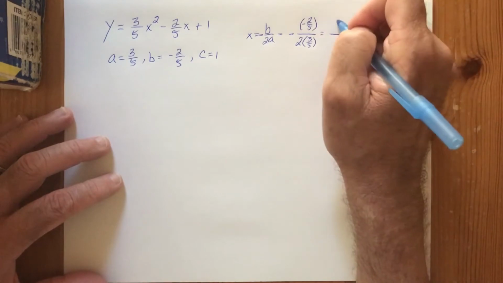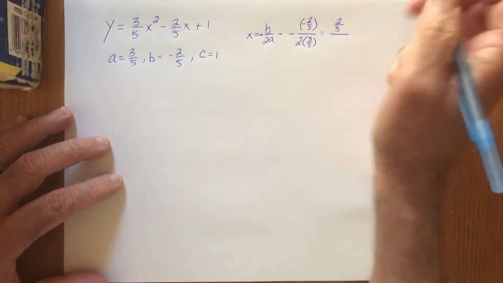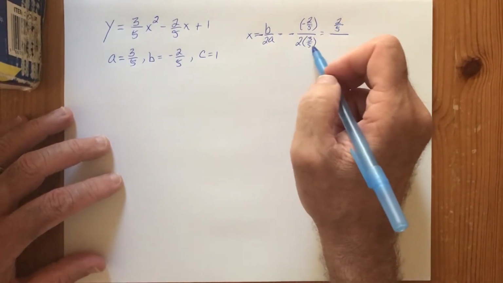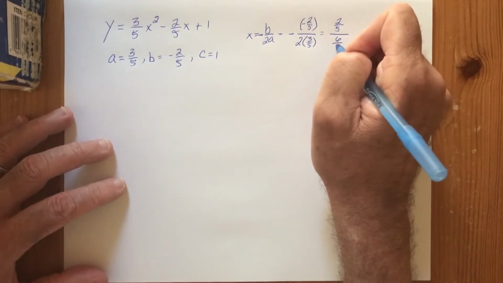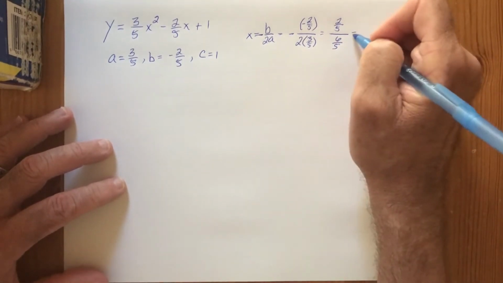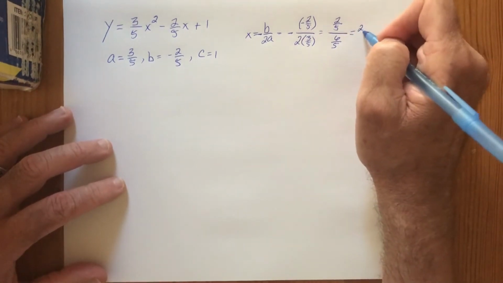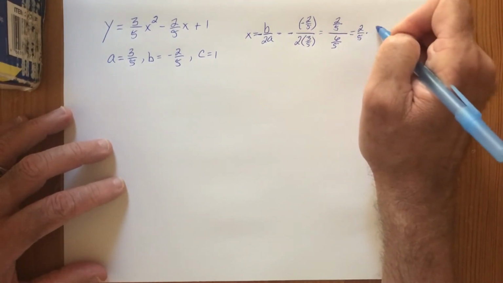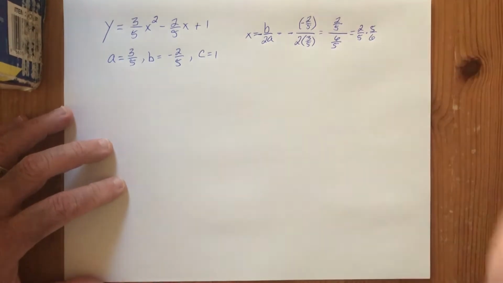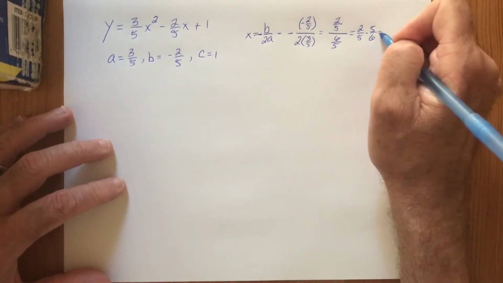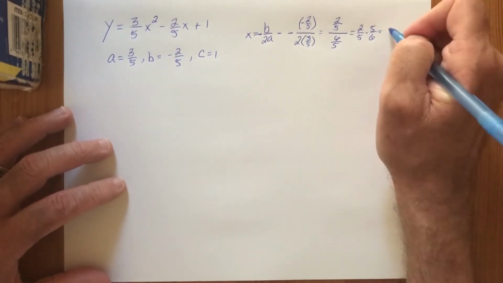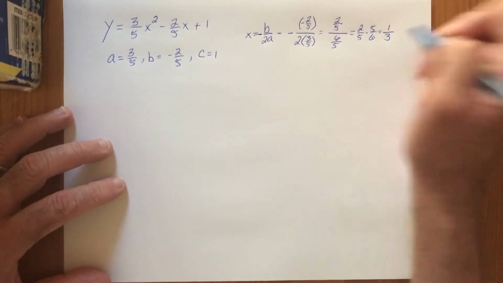So our result is positive, 2/5 over 2 times 3/5, which is 6/5. This is the same as 2/5 times 5 over 6, because when we divide by fractions, we flip the bottom fraction and change the division into multiplication. We can cross-cancel both ways, and we end up with 1/3.